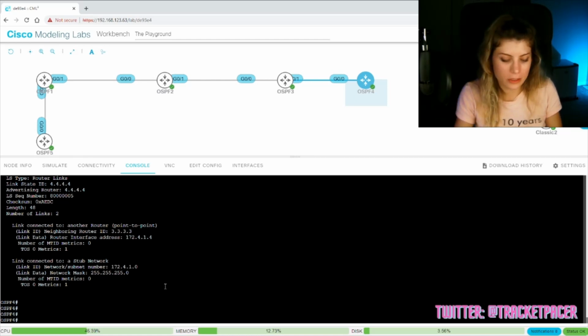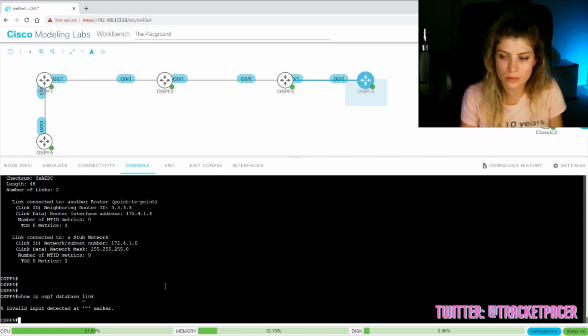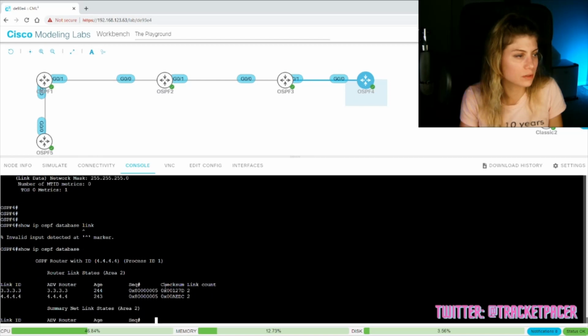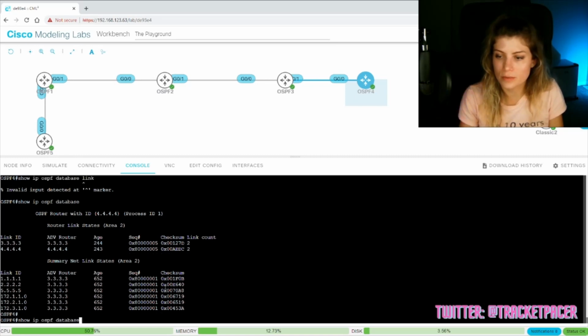So that was just router LSAs, or the type 1. So we're going to run the same command, but link. No, it's not link. We would just have to do database. Oh, it's network. Never mind.